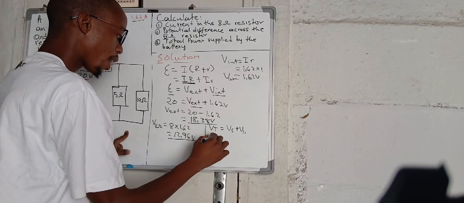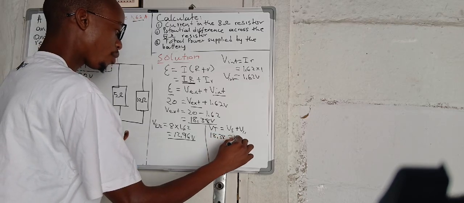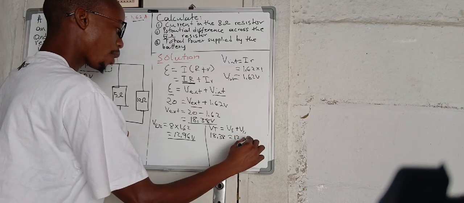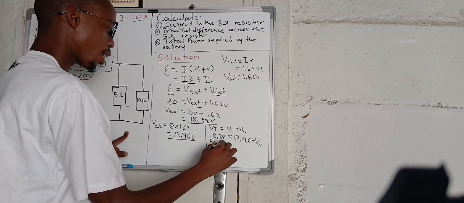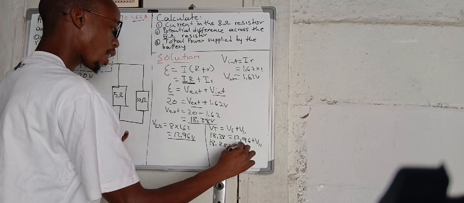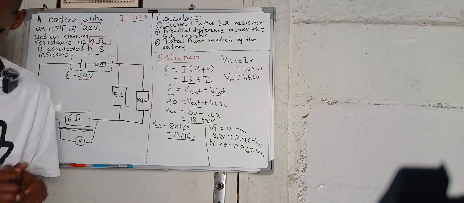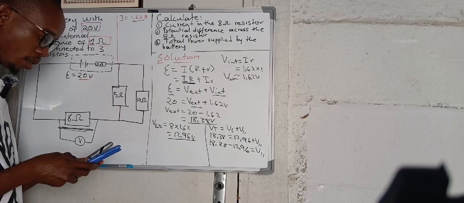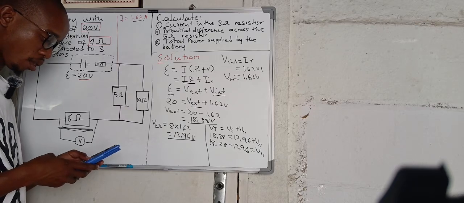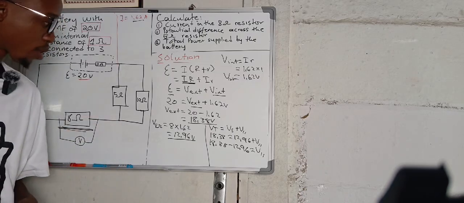And then we have our 18.38, which is equal to 12.96 plus V parallel. Therefore, 18.38 minus 12.96 is equal to V parallel. We end up finding that the answer is 5.42 volts.